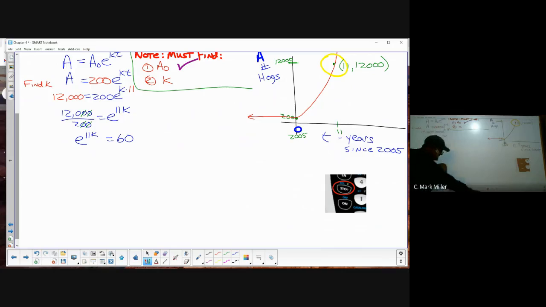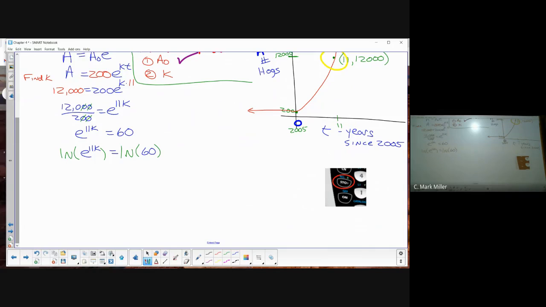So that looks like this. Log base E is natural log of the left, natural log of the right. Why did I pick natural log? Because natural log is a logarithm base E. That's the base. If this was 2 to a power, I would have taken log base 2.